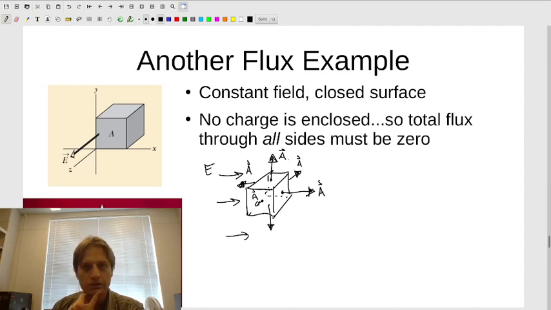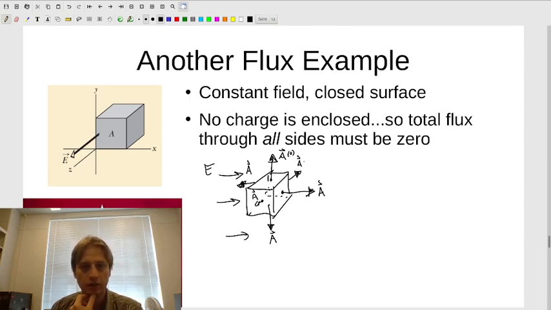Okay, so on the top and the sides and the bottom, the electric field and the area vectors are going to be perpendicular. So in each one of these, top, sides, bottom, the flux is 0.